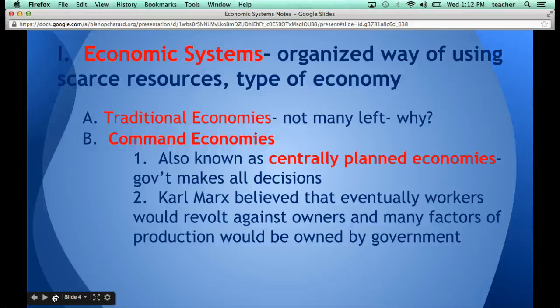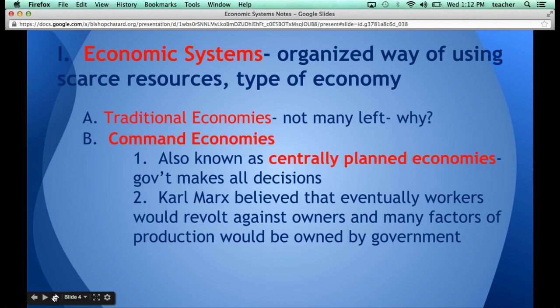Well, Karl Marx looked at market economies and the industrialized world and realized that ownership really fell within a very small group of people. So what he said is that eventually the workers are going to get smart. They're going to get tired of being pushed around and told what to do, and eventually they're going to revolt against the few owners, because there are more workers than there are owners.